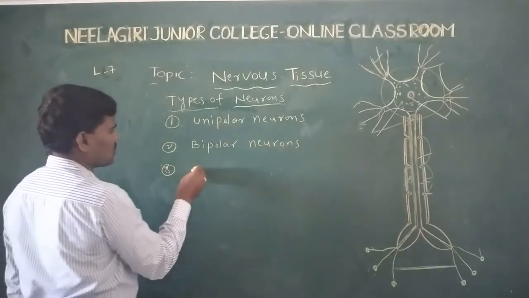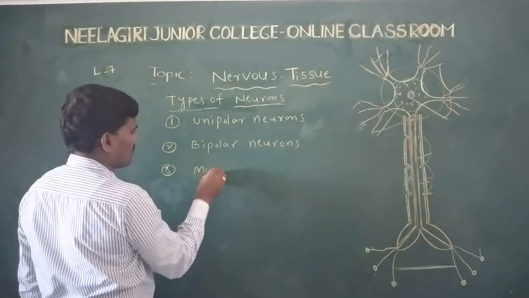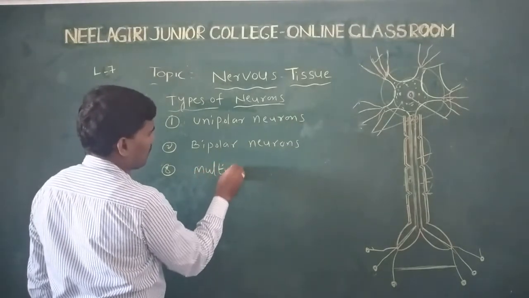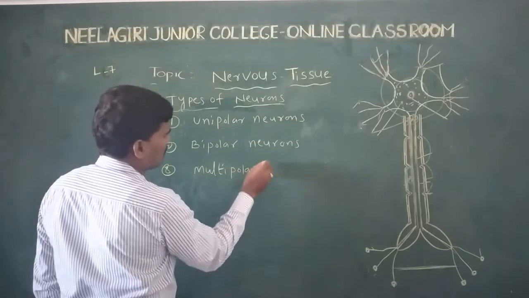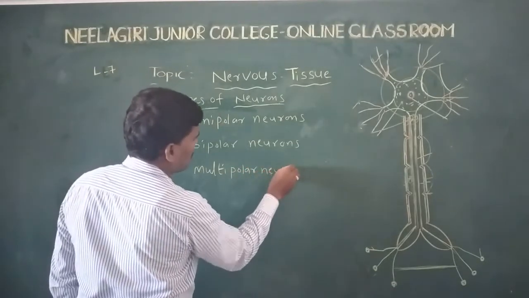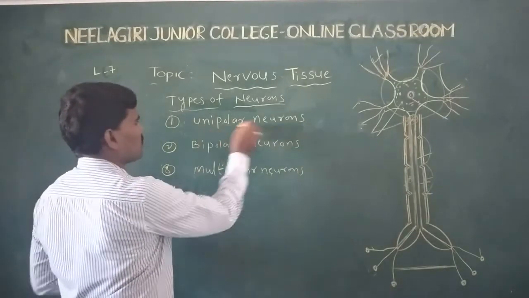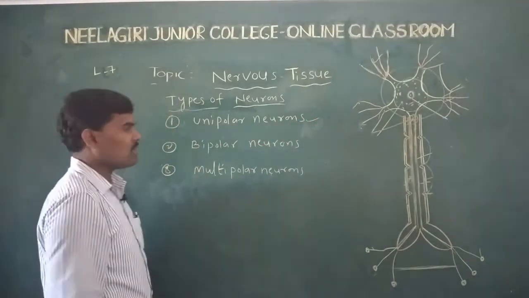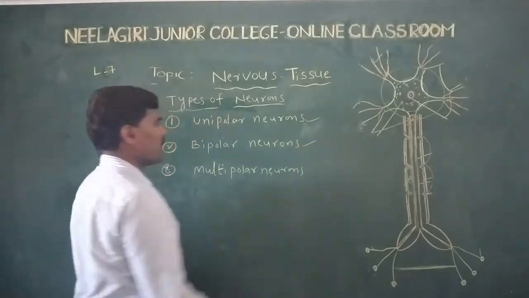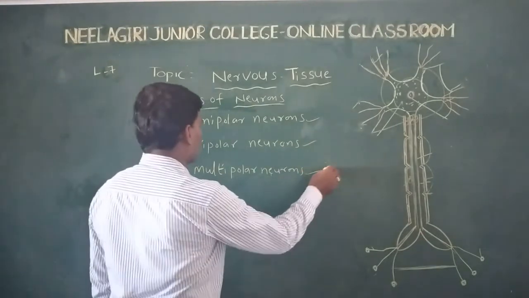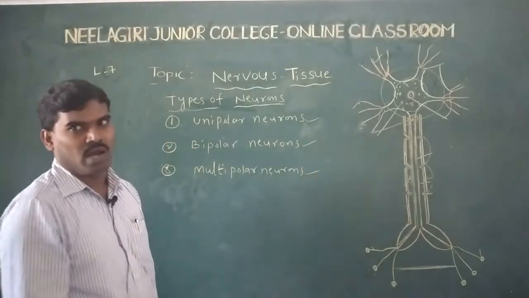Third one is multipolar neurons. How many types? Three types: unipolar, bipolar, and multipolar neurons.